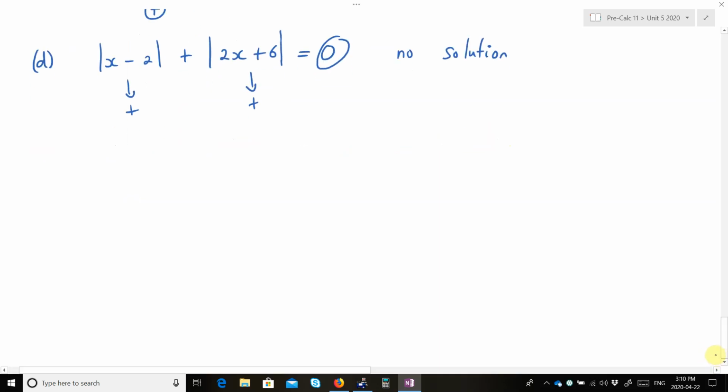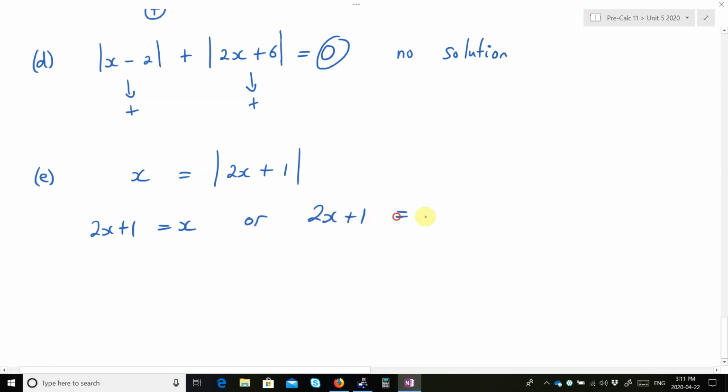Okay, and it says 3 of these equations have no roots. Which are they? Explain how you can tell. I think the only other one is letter E, and this one is a bit harder to tell. Just by looking at it, it's hard to see that that doesn't have a solution, but if we tried solving it, the 2x plus 1 could equal x, remember the two equations, or 2x plus 1 could equal negative x.